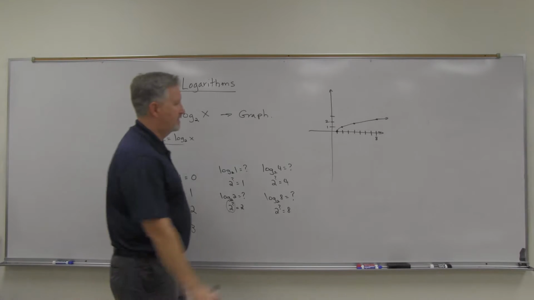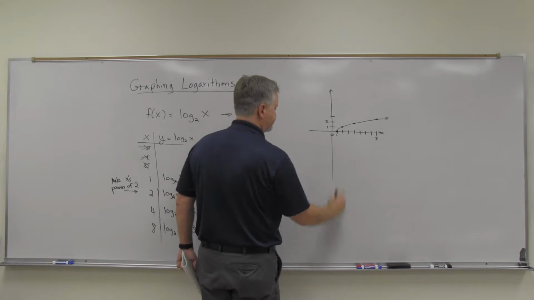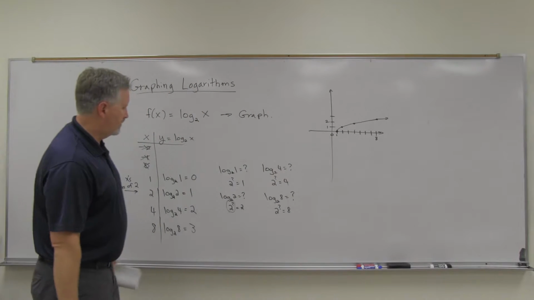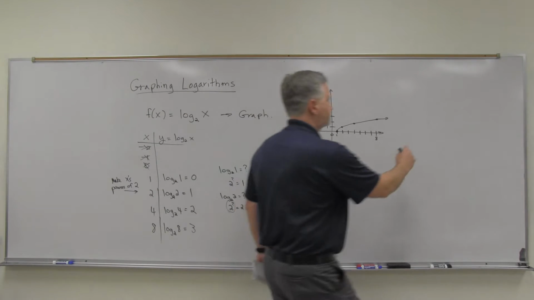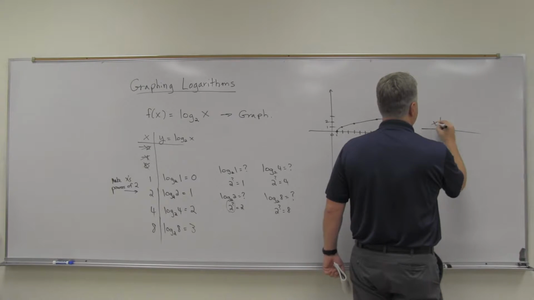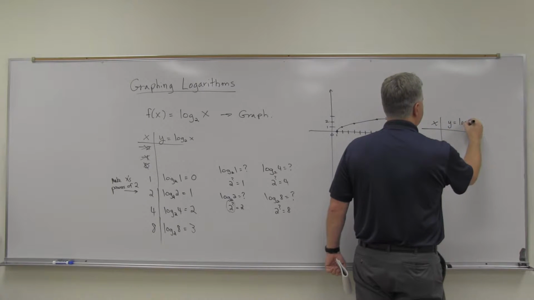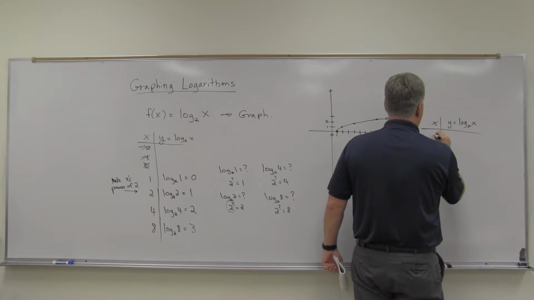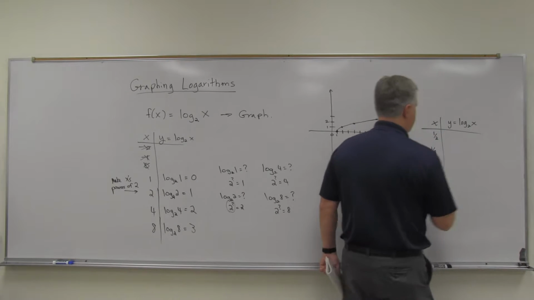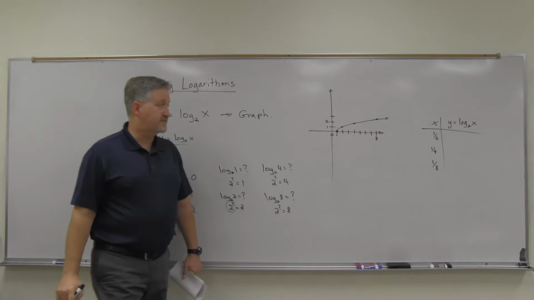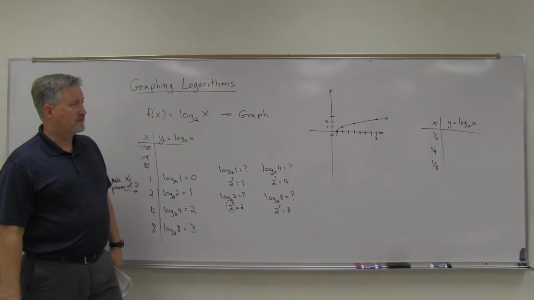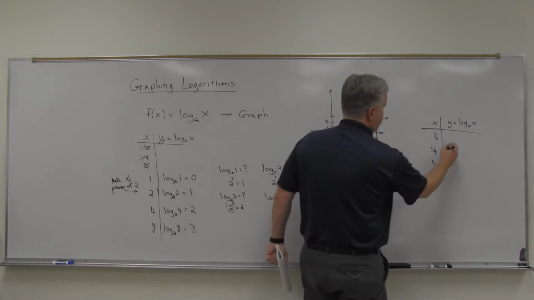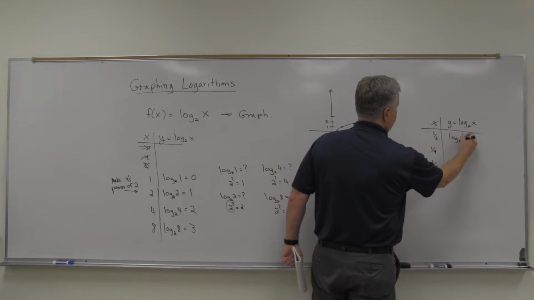Now, there is a little piece though that we need to talk about here between 0 and 1. Between 0 and 1, let's think about these values. 1/2, 1/4, 1/8 for x. X is a half, x is a fourth, x is an eighth. What have I got for the y values there? Well, it's log base 2 of a half.